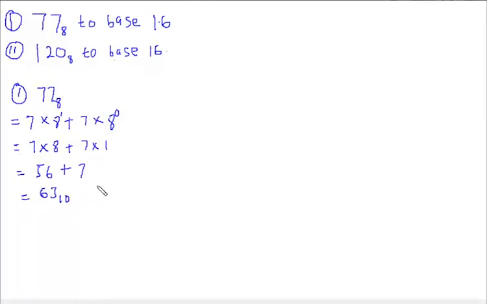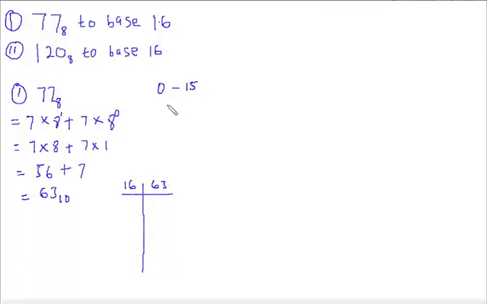So I have to convert this equivalent number to base 16. For that, I'll create a kind of table here. I have 16 on this side and then 63 on this side. One thing I want you to take note of is that base 16 contains numbers from 0 to 15.